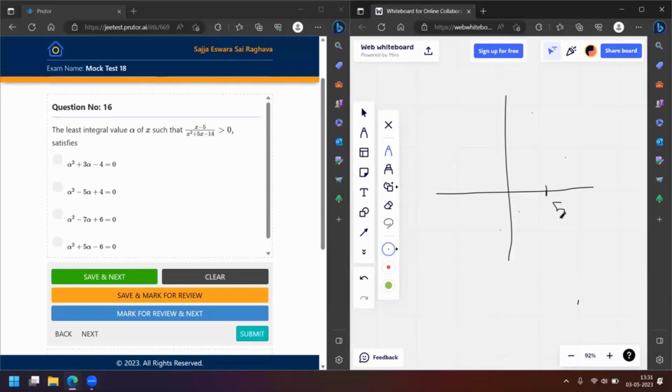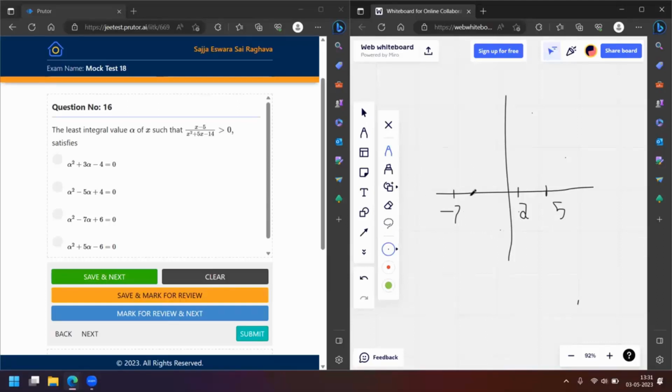And x square plus 5x minus 14 has the solutions x equal to 2 and x equal to minus 7. If we consider the case left of minus 7, we get the denominator positive but the numerator negative. So whatever integers are less than minus 7, we don't need to consider.